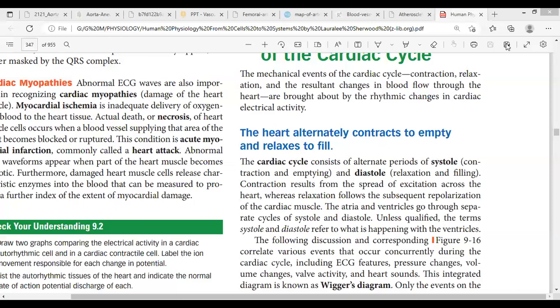With contraction, there's usually going to be excitation across the heart, then depolarization, then repolarization of the cardiac muscle. The atria and ventricles go through separate cycles of systole and diastole. Is it correct? Yeah, that's correct.